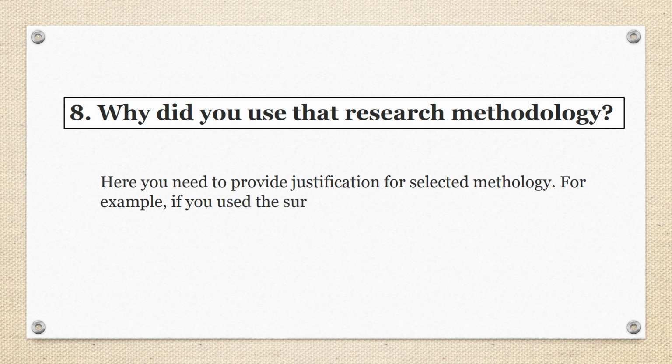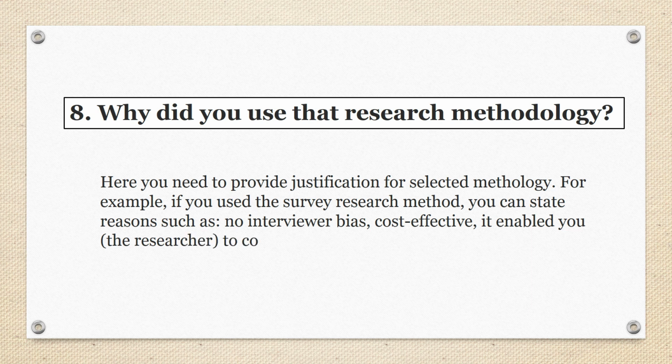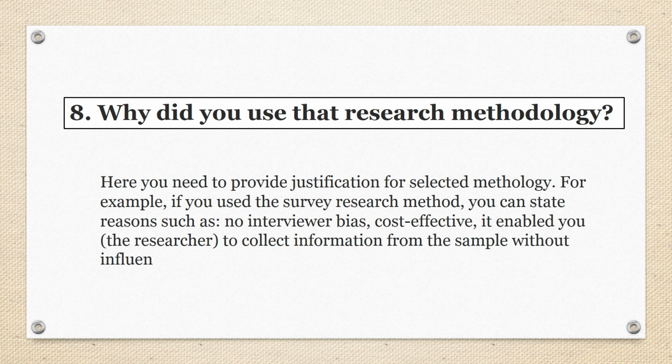For example, if you used the survey research method, you can state reasons such as, because there is no interviewer bias, it is cost effective, and it enabled you to collect information from the sample without influencing the population of the study, etc. That is the justification for using a particular research methodology.